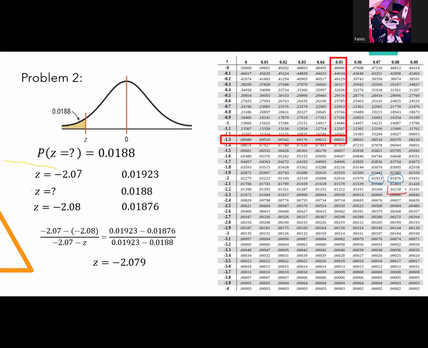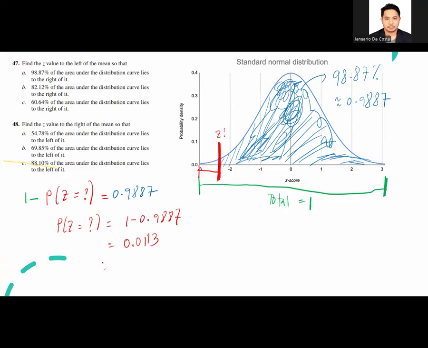Yes, teacher. That corresponds to a z value of negative 2.28. Negative 2.28. So therefore, your unknown z value is equal to negative 2.28.